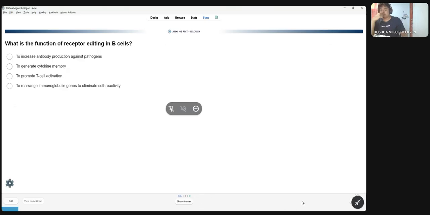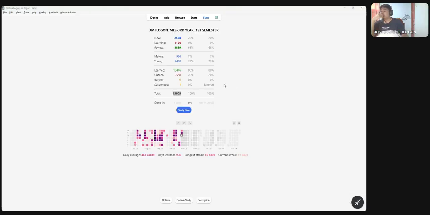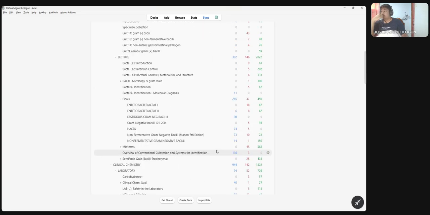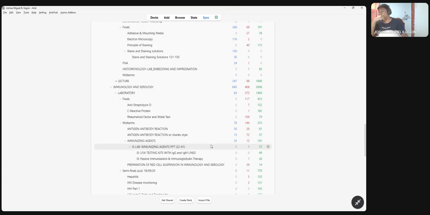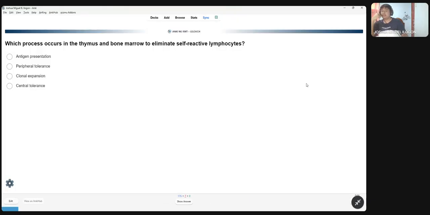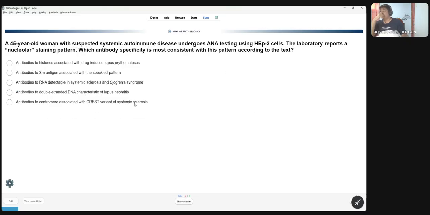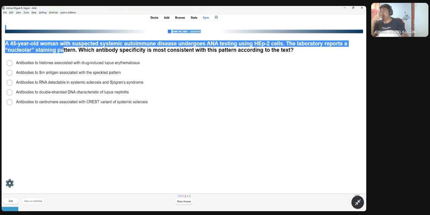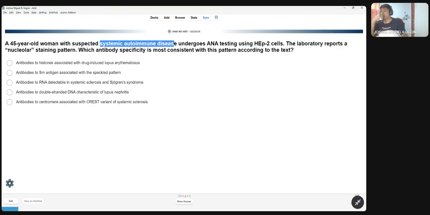Alright. We're not yet halfway through. So which process occurs in the thymus and bone marrow? That's your central tolerance. Okay. Nucleolar staining pattern, systemic autoimmune disease. ANA testing using HEp-2 and nucleolar.